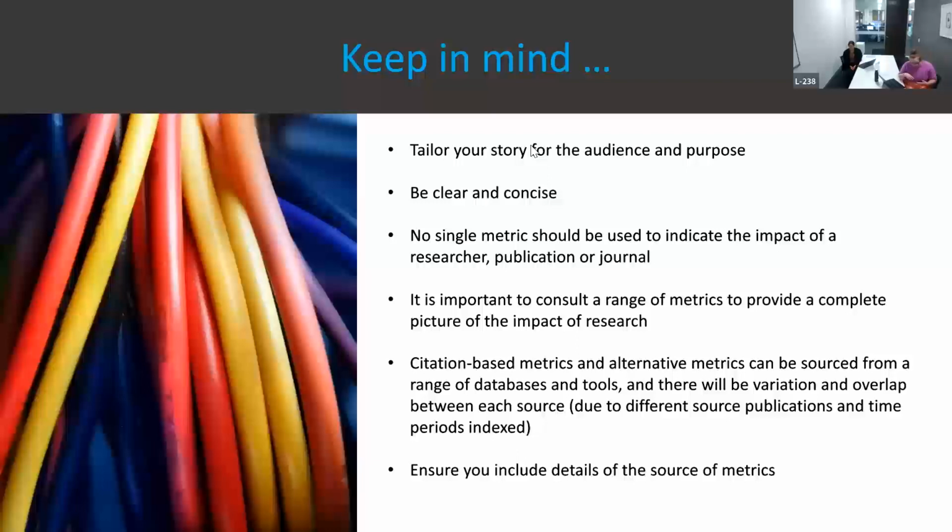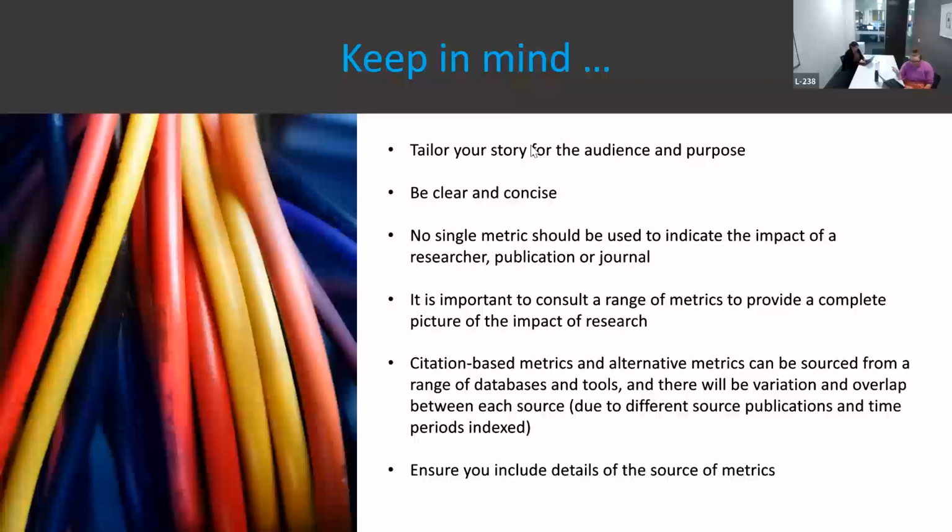No single metric should be used to indicate the impact of a researcher, publication or journal. So it's important to have a look at the different metrics that are surrounding it in order for you to tell a story. It's important to consult a range of metrics to provide a complete picture of the impact of the research. So tell the story where you look the best, obviously. Just make sure you reference where you've received those metrics from.